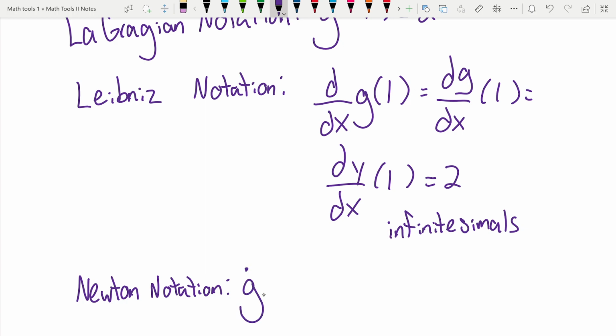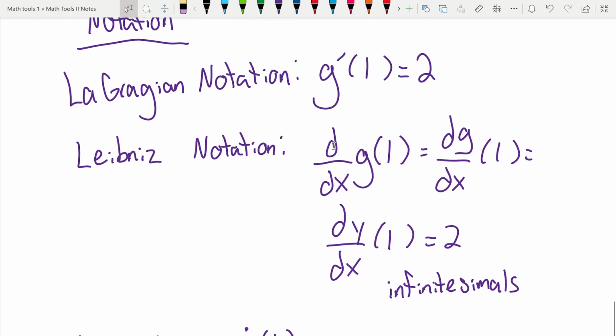Okay, so you'd have a dot over g of x. So in this case, dot of g of 1. Okay. So again, that's kind of fallen out of style. I've never really seen this notation used in practice. But just know it exists. If you ever are curious enough to go read Newton's original work, you'll see that there. But we'll stick with one of these two.